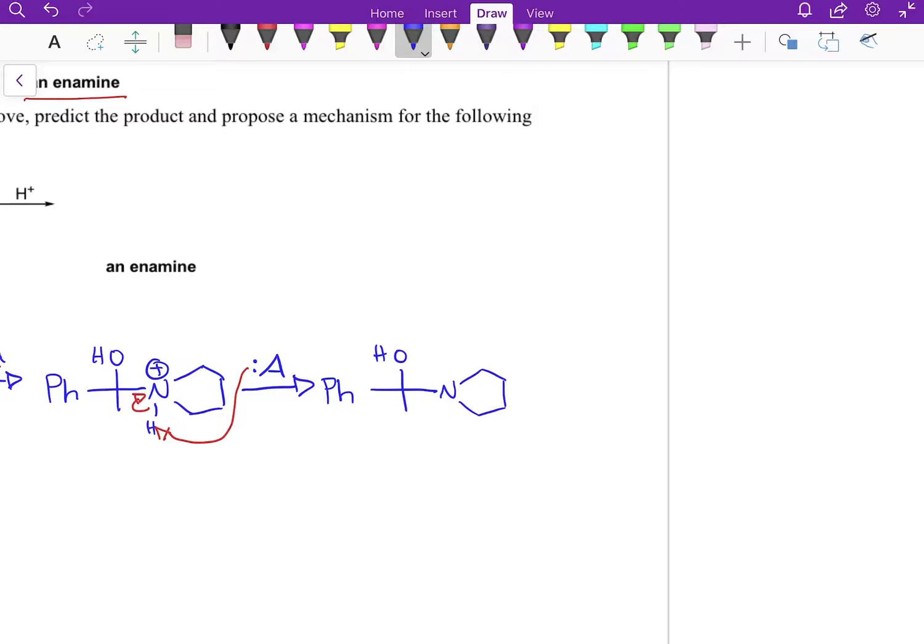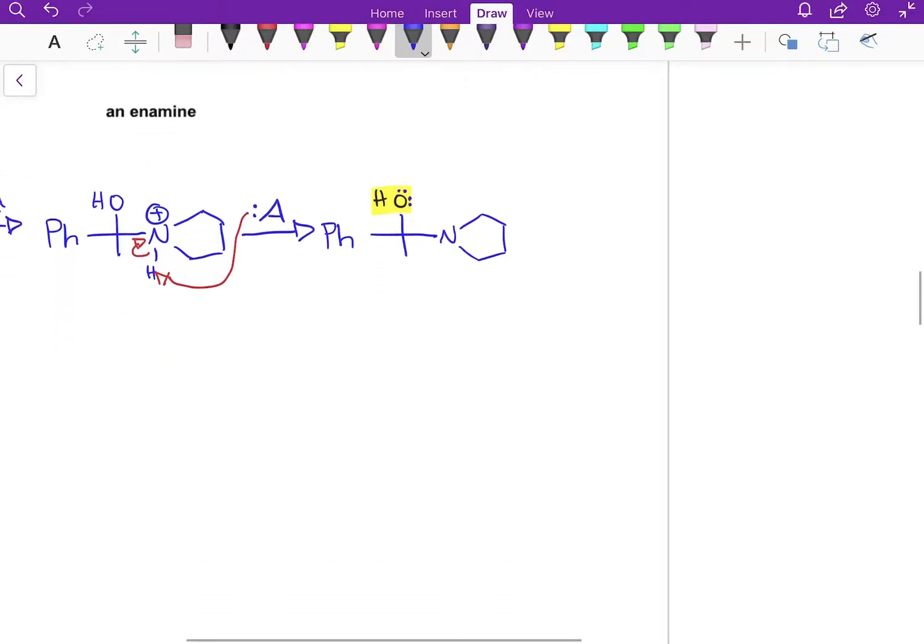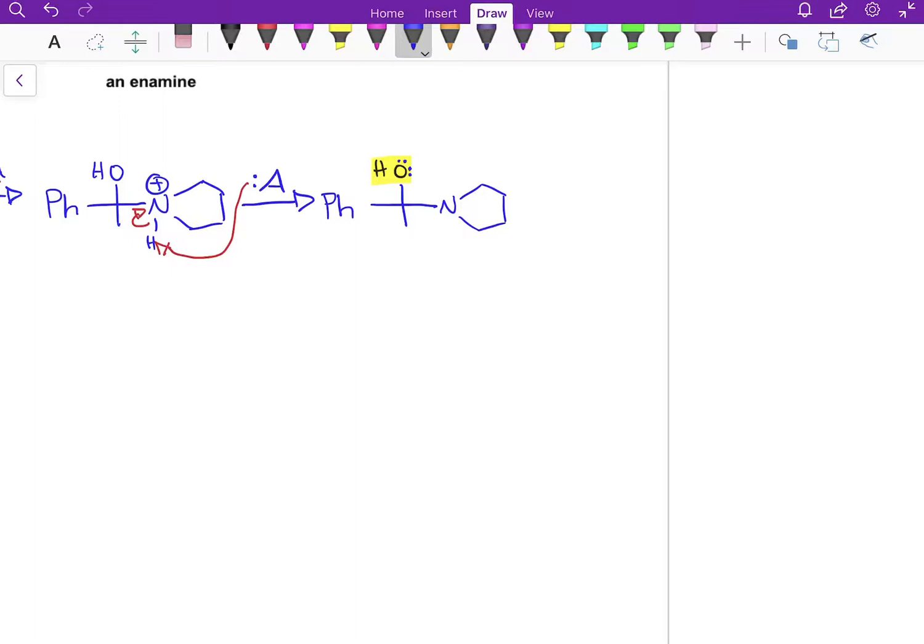So now you're going to have everything neutralized. But again, this is going to protonate. So you want to draw in your lone pairs. You have your acid.